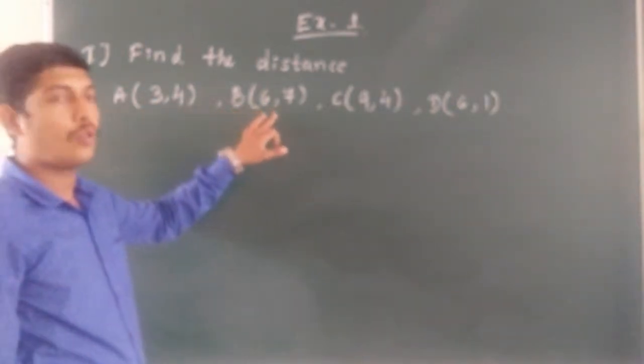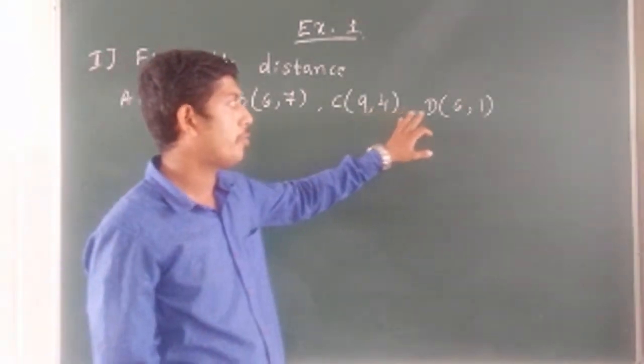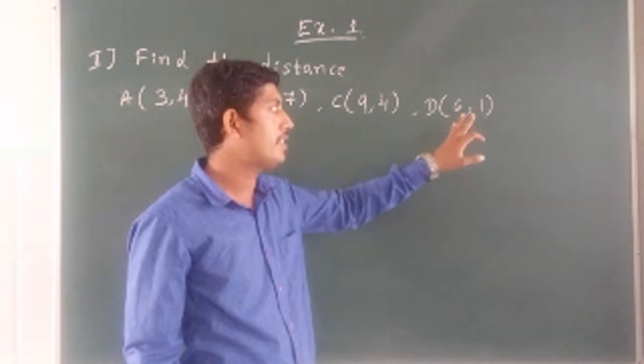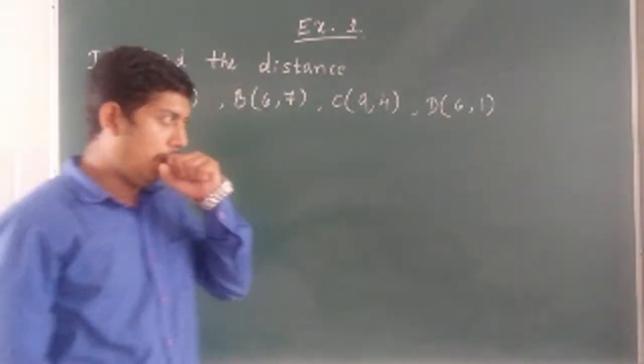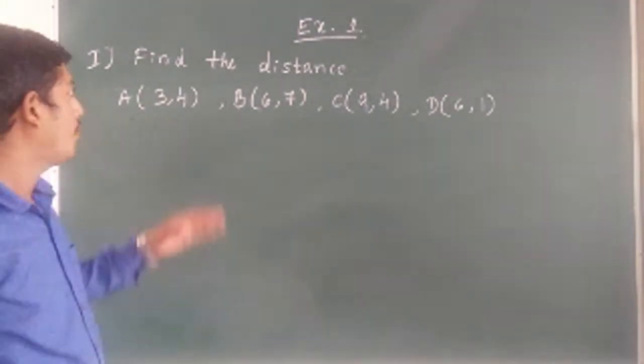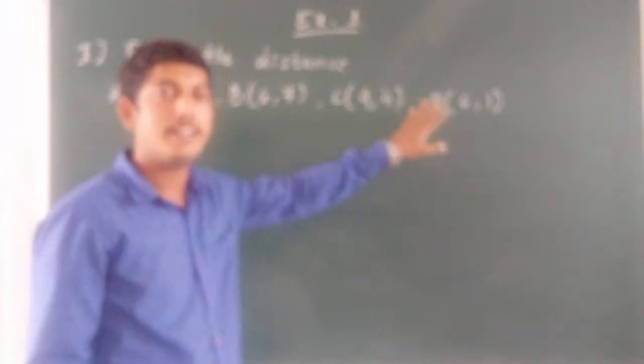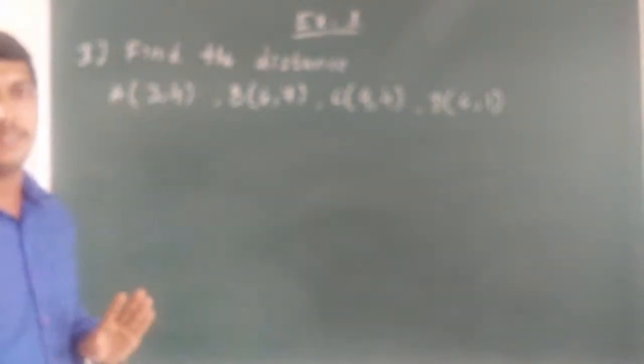B has 6, 7. C has 9, 4 and D has 6, 1. Now we have to find the distance for AB, similarly BC, CD and DA.